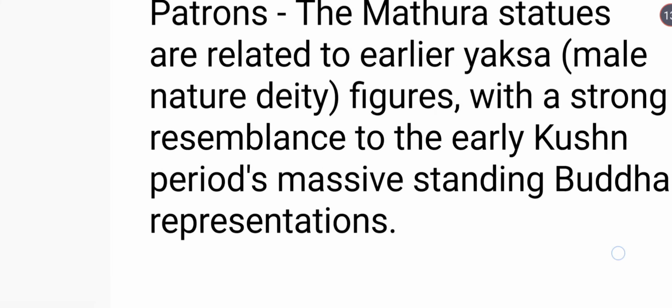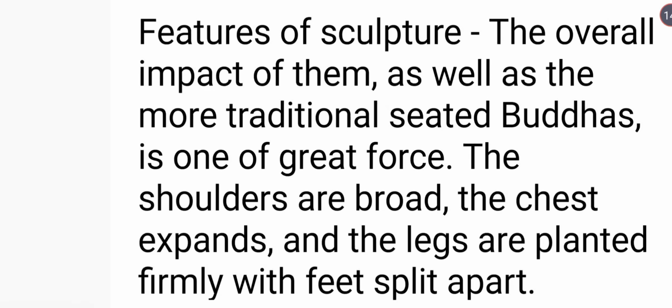Next, the patterns of the Mathura school: the statues are related to the earlier Yaksha, male nature figures, with a strong resemblance to early Kushan period massive standing Buddhas. The overall impact of them, as well as the more traditional seated Buddhas, is one of great force. The shoulders are broad, the chest expanded, the legs firmly planted with the feet split apart.